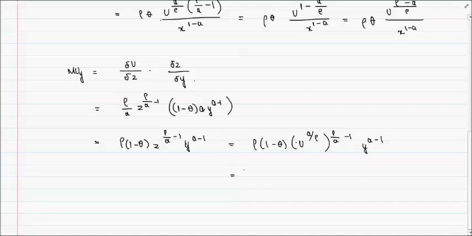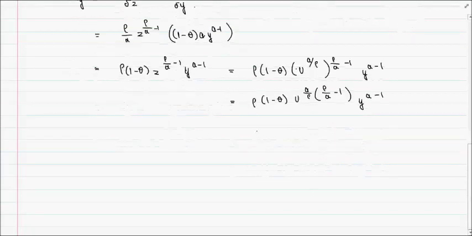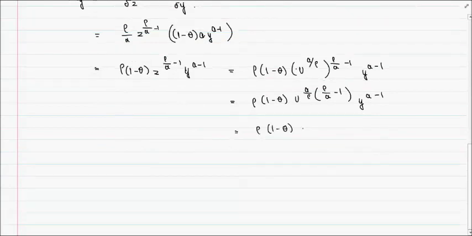And so therefore again I just have to use the power rule here. I got u to the power a on rho times rho on a minus 1, times y to the power a minus 1. So I got rho 1 minus theta u to the power, if I expand the bracket, 1 minus a on rho.